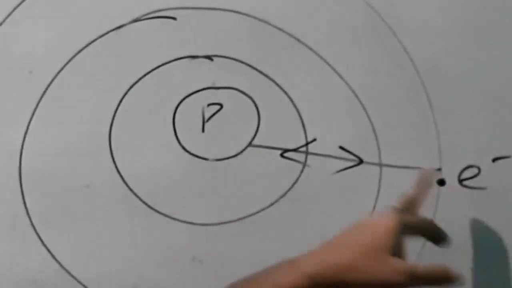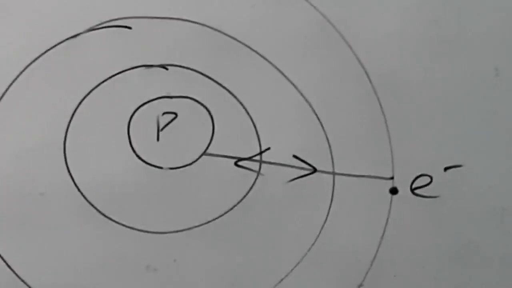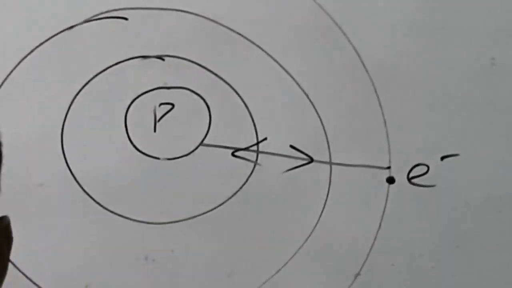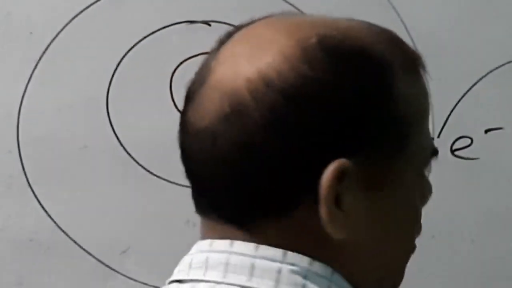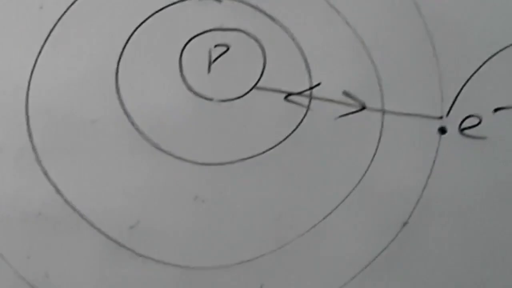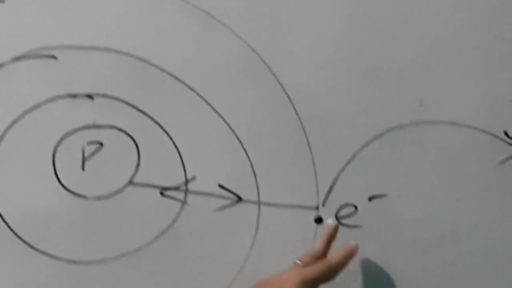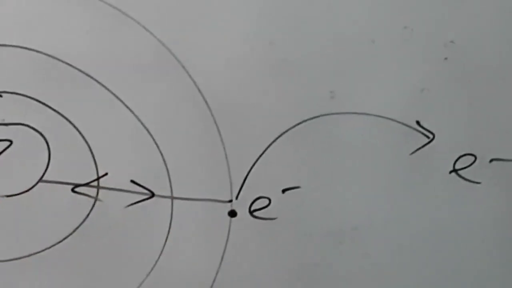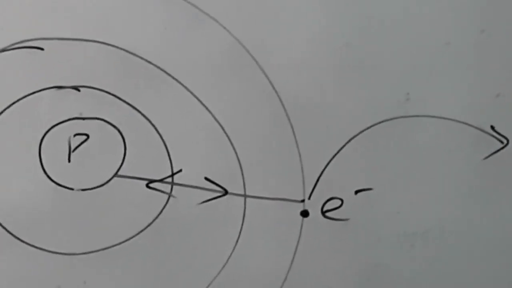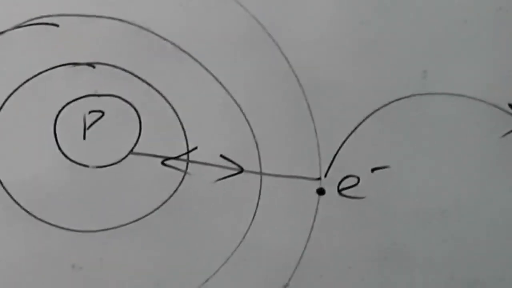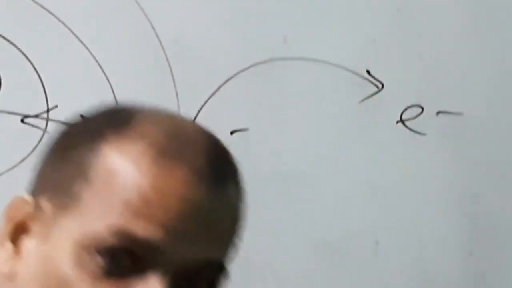If the electron is loosely held by the nucleus, then while rubbing two substances, these electrons are transferred to the other substance. When you rub two substances, if the electrons are loosely held by one of the substances, then the electron is transferred into the other substance.